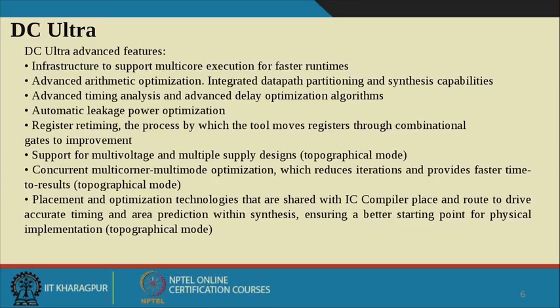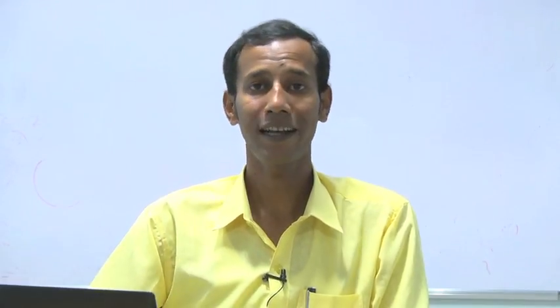Multi-core execution for faster run times means, suppose we are going to design a system on chip, which is an example of a digital ASIC. A system on chip has several components, and each component is itself very complex. When we integrate each of these complex blocks into a single chip, the complexity of the whole design increases a lot.